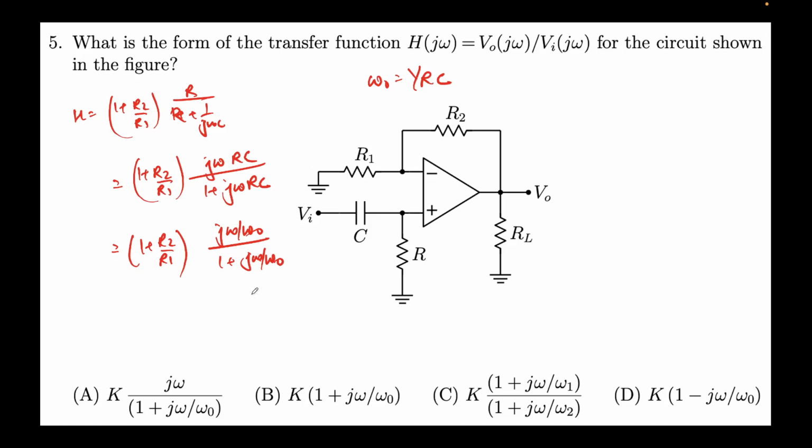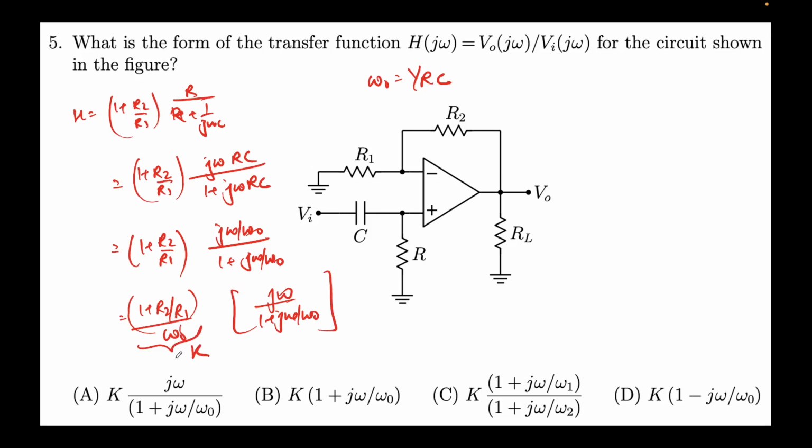Let me see what matches. Okay, A is matching. I'll tell you how. I take 1 plus R2 by R1 divided by omega naught, times j omega over 1 plus j omega by omega naught, and define this as k.